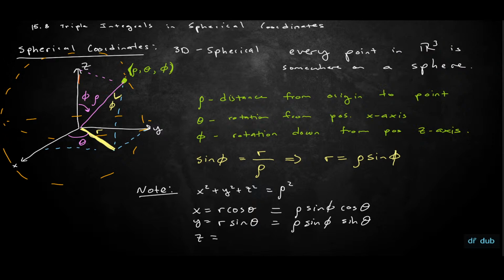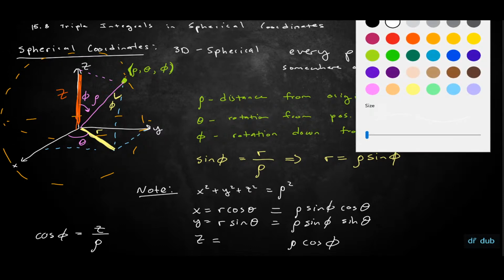And z, well, this is z here. Z is now this side of our triangle. So it's the adjacent to phi. So cosine of phi equals z over rho by right triangle trigonometry. Therefore z would be equal to rho cosine of phi.